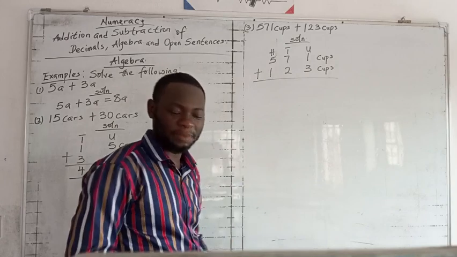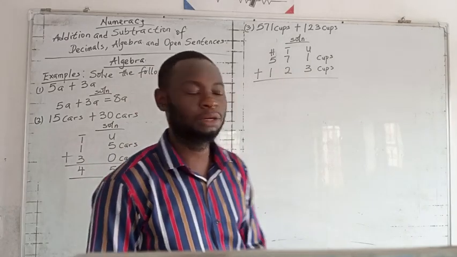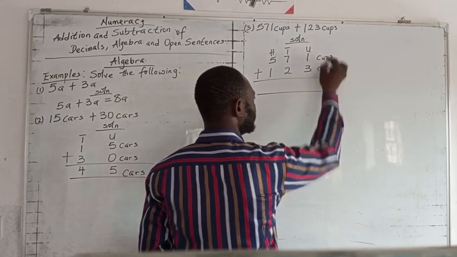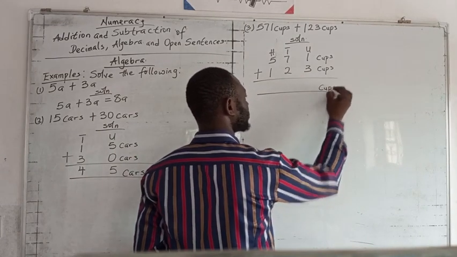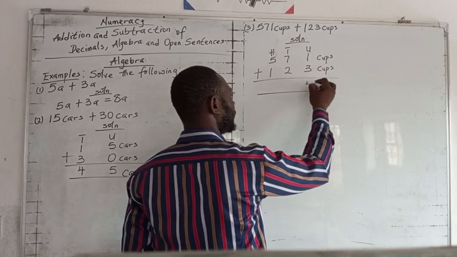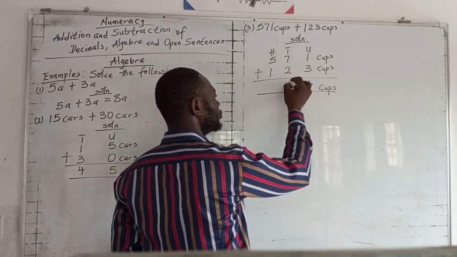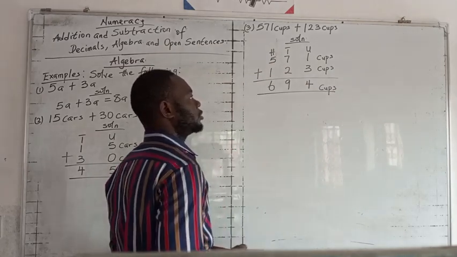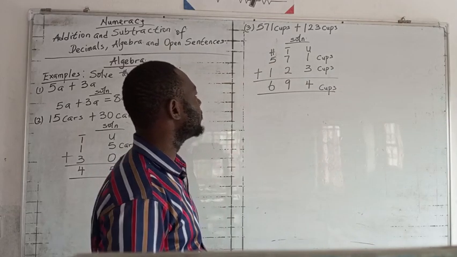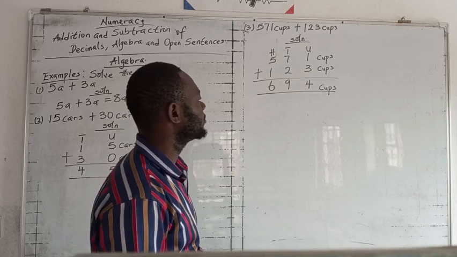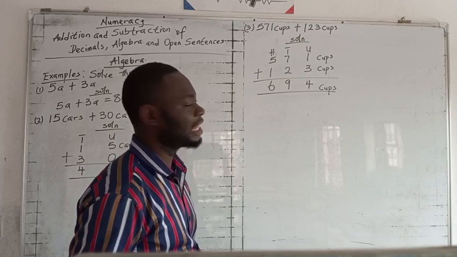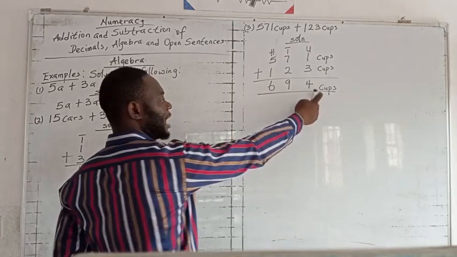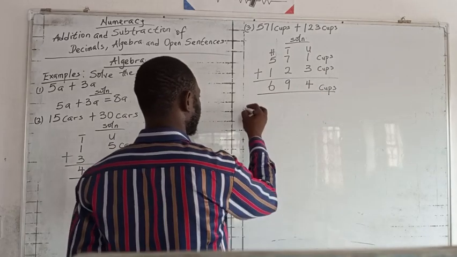Remember that the place value system helps us to arrange the numbers properly. So let's go. Like we did in the first one. Bring down your cups. 1 plus 3, 4. 7 plus 2, 9. 5 plus 1, 6. So 571 cups plus 123 cups will give us 694 cups. Don't forget, always add the variable.